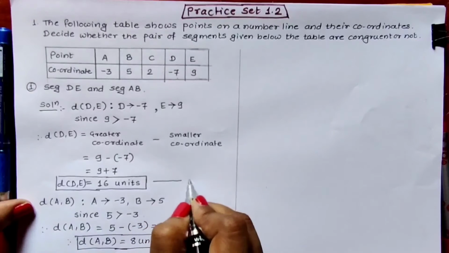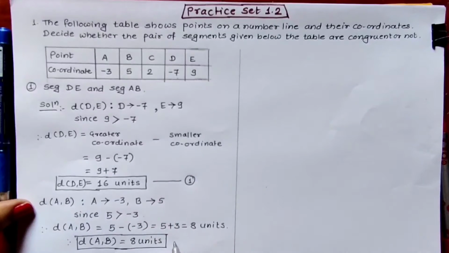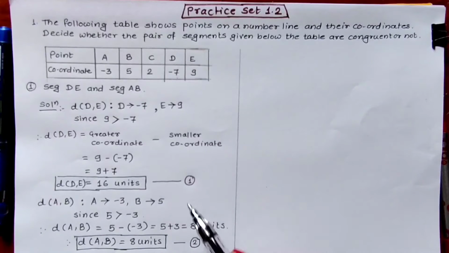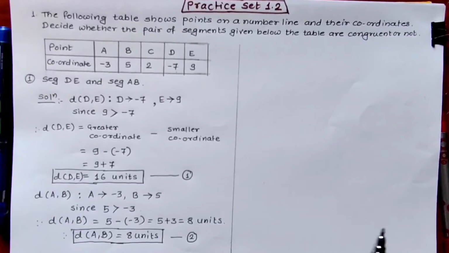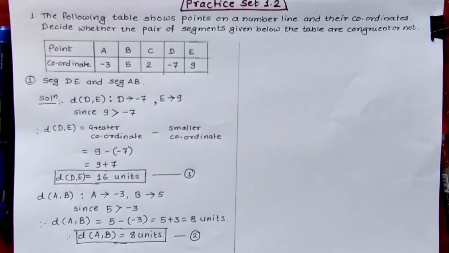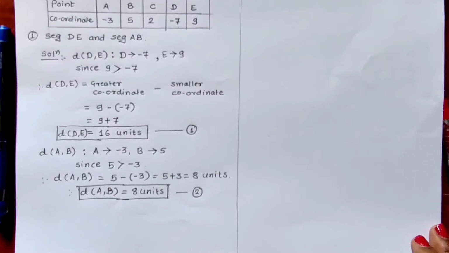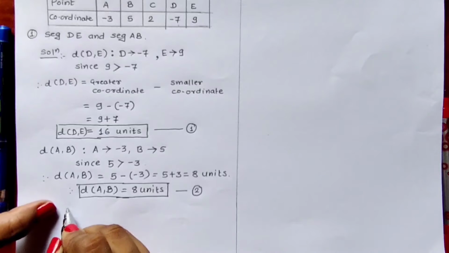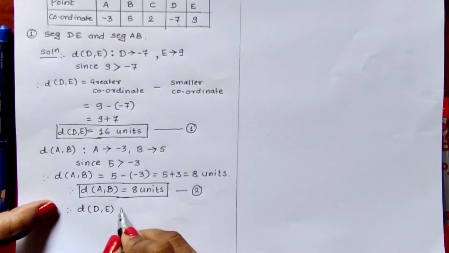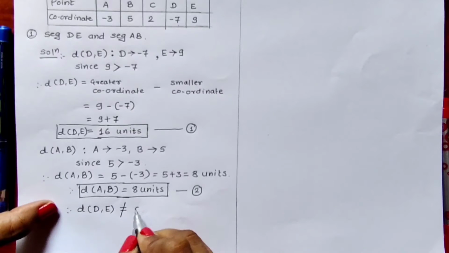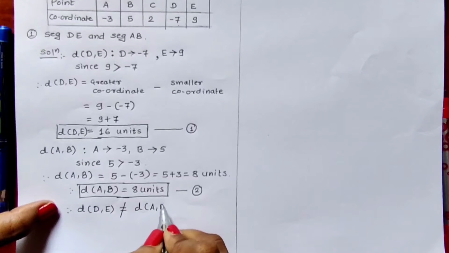We will write number 1 to this equation, and for this equation we will write number 2. Now from 1 and 2 what we can see, 16 units and 8 units are not equal. That's why distance DE and distance AB are not equal. So here we will write, therefore distance DE is not equal to distance AB.